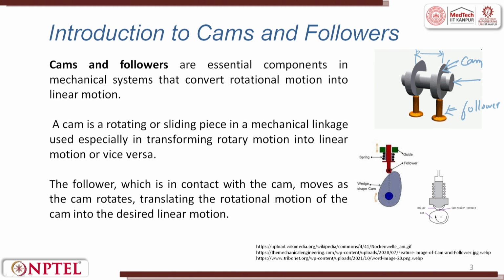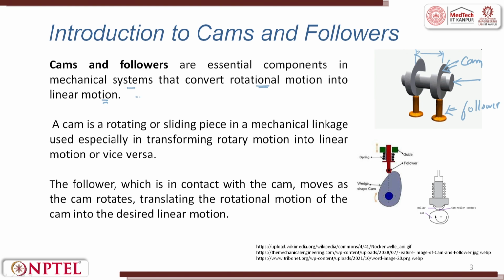So, the disc is called the cam, and the plunger which is attached and in contact with the cam is called a follower. CAM and followers are essential components in mechanical systems which convert rotational motion into linear motion.